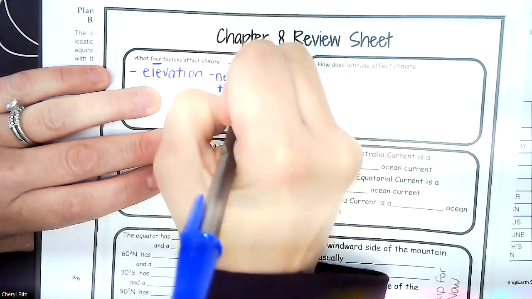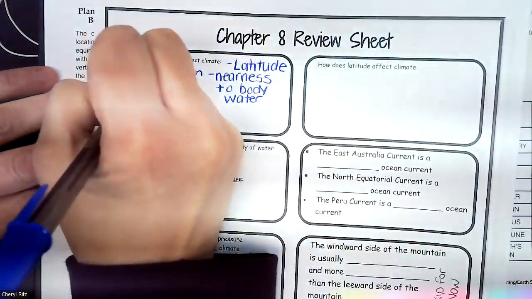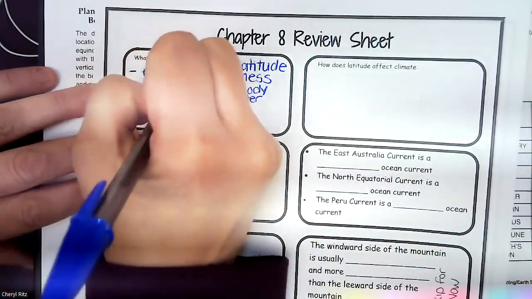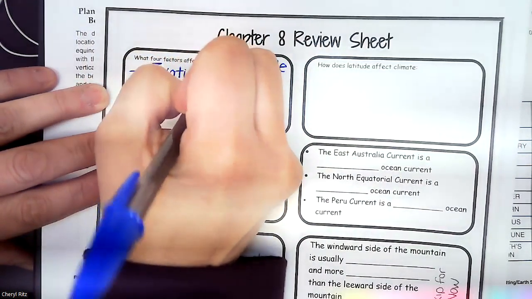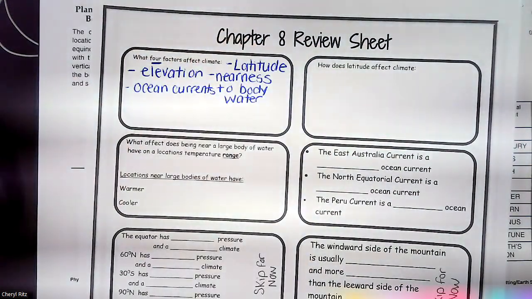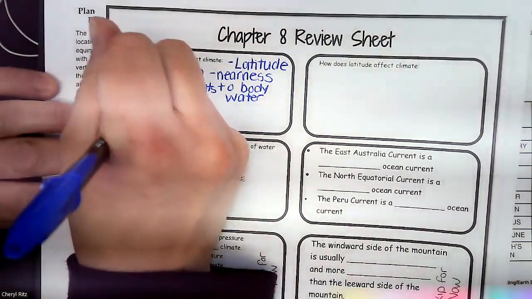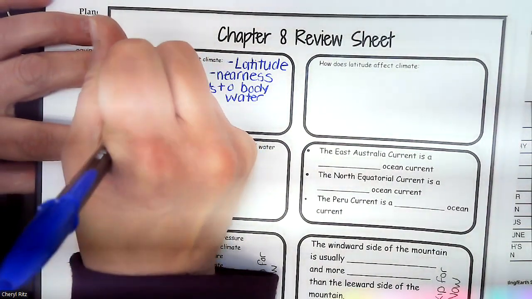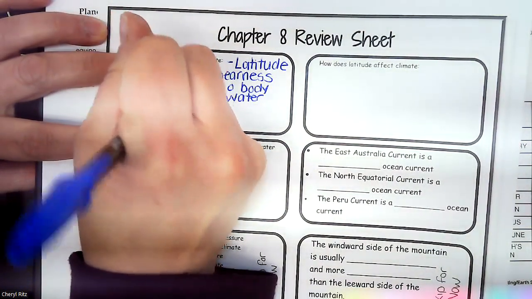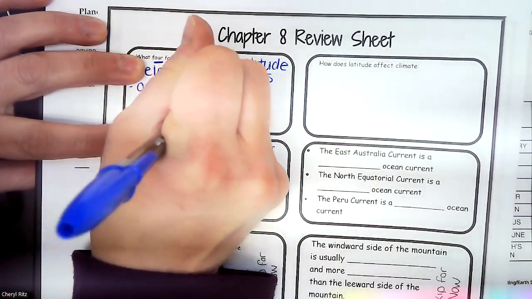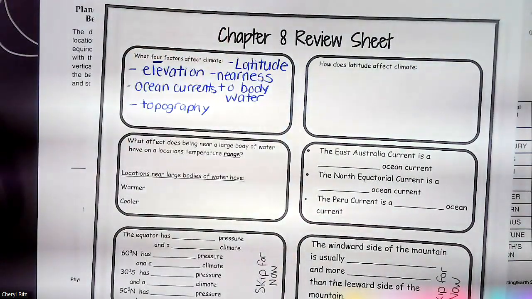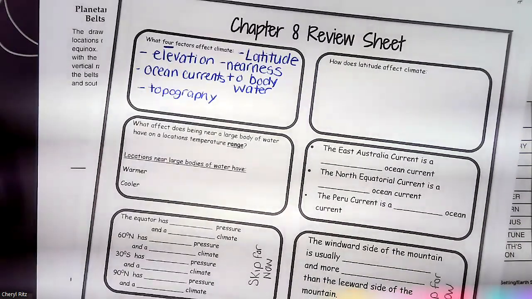And yes, ocean currents. Right, I see it. So latitude, elevation, nearness to a body of water, ocean currents. I want to also remind you about the topography, meaning the mountains, the orographic lifting. So technically we'll go with 5.